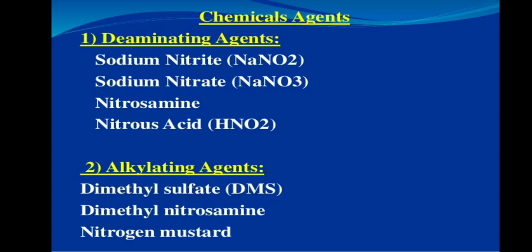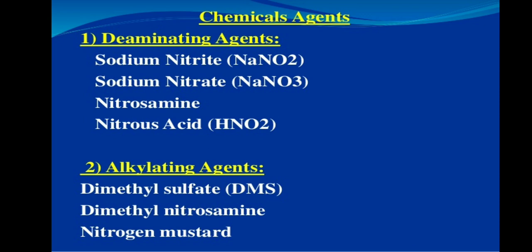Then the chemical agents like the deaminating agents: sodium nitrate, sodium nitrite, nitrosamine, nitrous acids. These are the deaminating agents, which means they cause deamination, where the amino group gets removed.